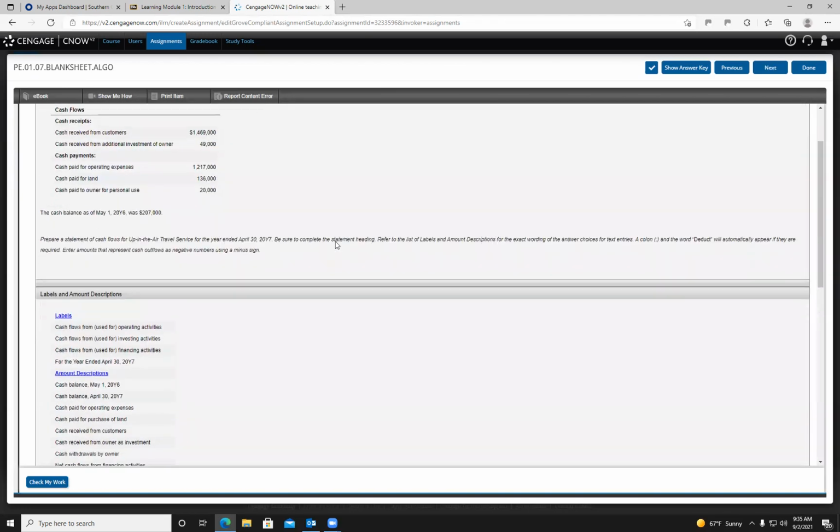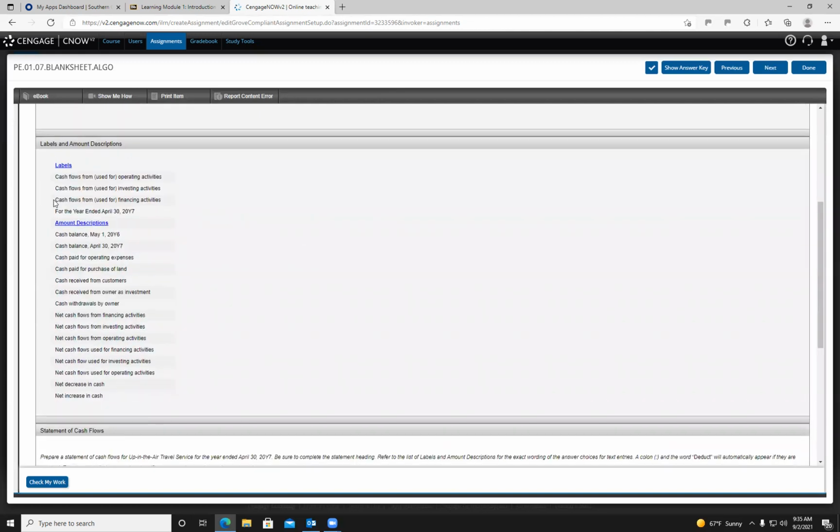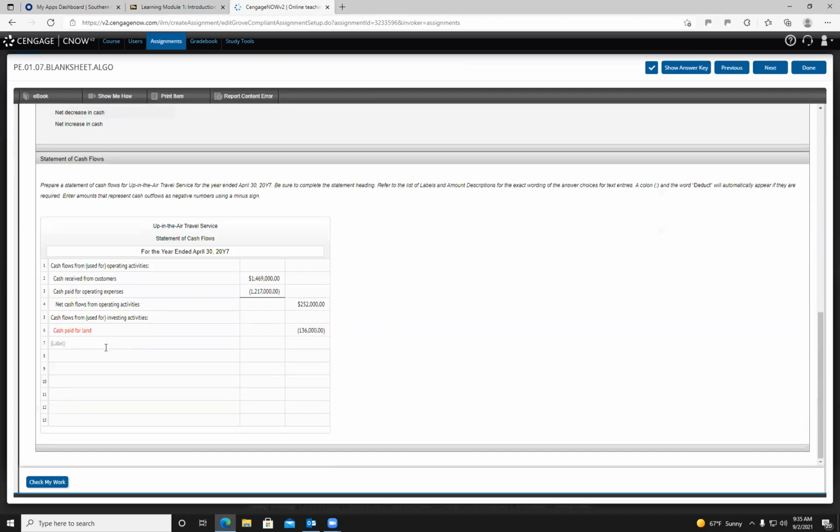All right, the last label we're going to use is for financing activities. So let's do our financing activities. So that is not what they want to put there because it's in red. So let's click on this.